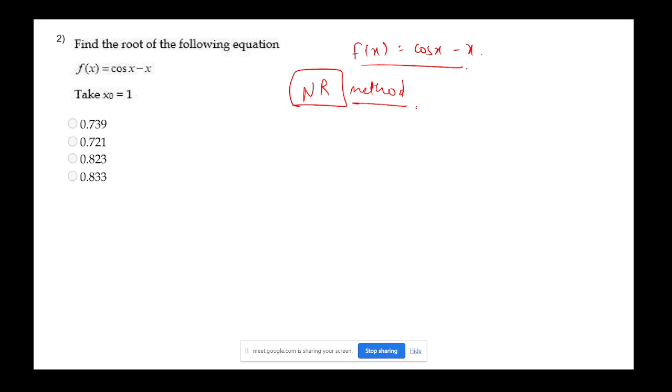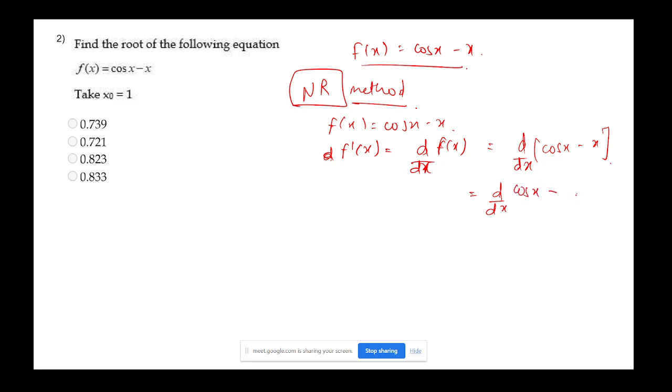If you want to find f dash x, which is nothing but d/dx of f(x), applying differentiation on both sides, it will be d/dx of cos x minus x, which is d/dx cos x minus d/dx x. The differentiation of cos x is minus sin x, and the differentiation of x is 1.